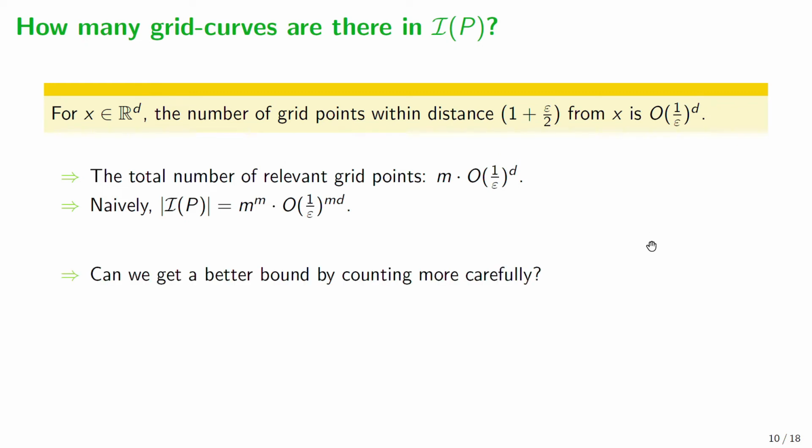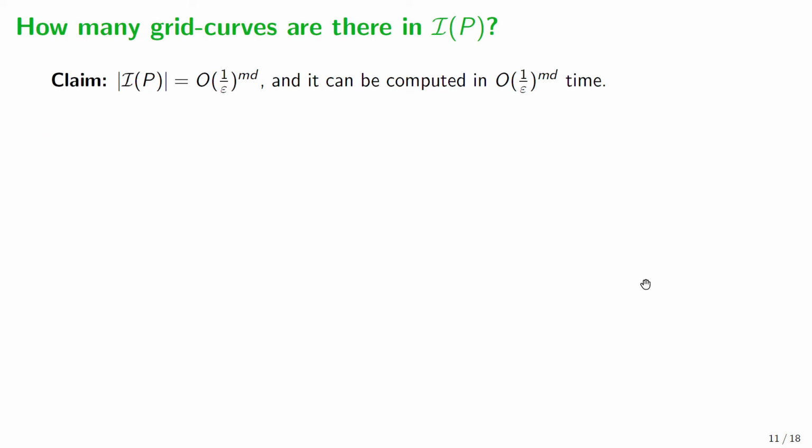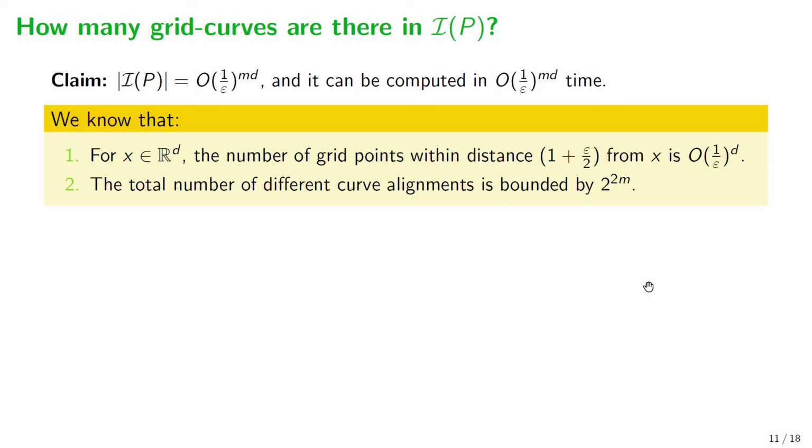But can we get a better bound by counting more carefully? I claim that we can get 1 over epsilon to the md, and that we can also compute I of P in this time. So we know that the number of grid points in one ball is order of 1 over epsilon to the d, and that the total number of curve alignments is 2 to the 2m.